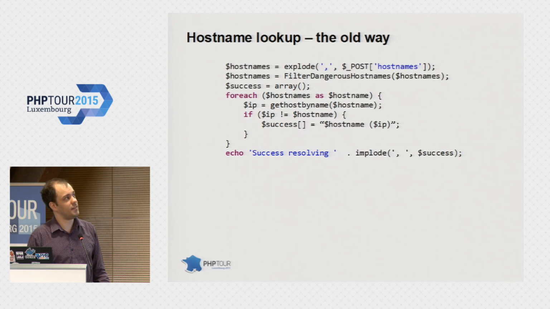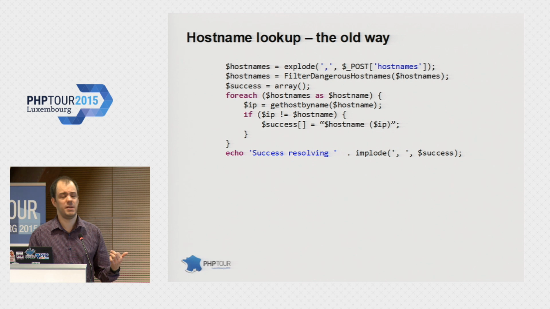It would look a little like this in old-fashioned standard sequential synchronous code. So you would explode on the comma, and then you would filter out dangerous names maybe. And let's create an array that we're going to use later. And then we would do a foreach across it, and then we would do gethostbyname to get the IP. Oh, and this is a funny one. The output of gethostbyname, if it cannot resolve it, is the host name again, which is kind of weird.